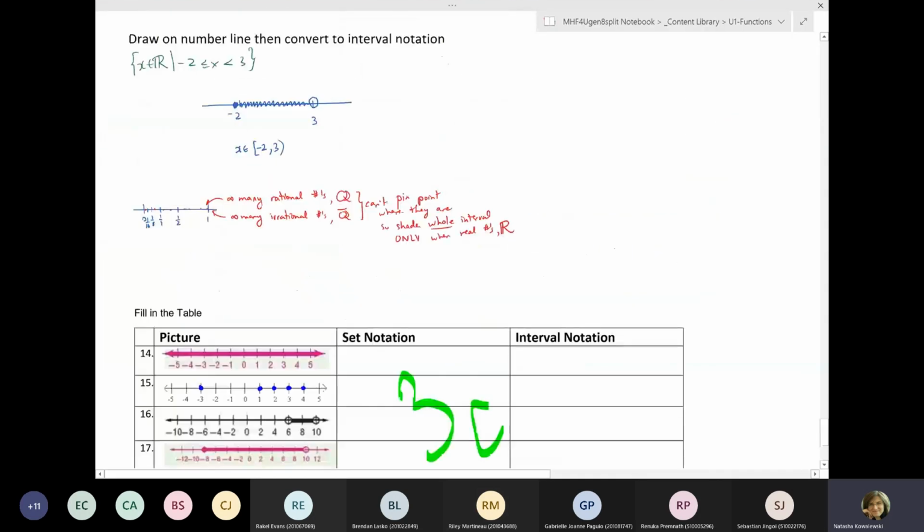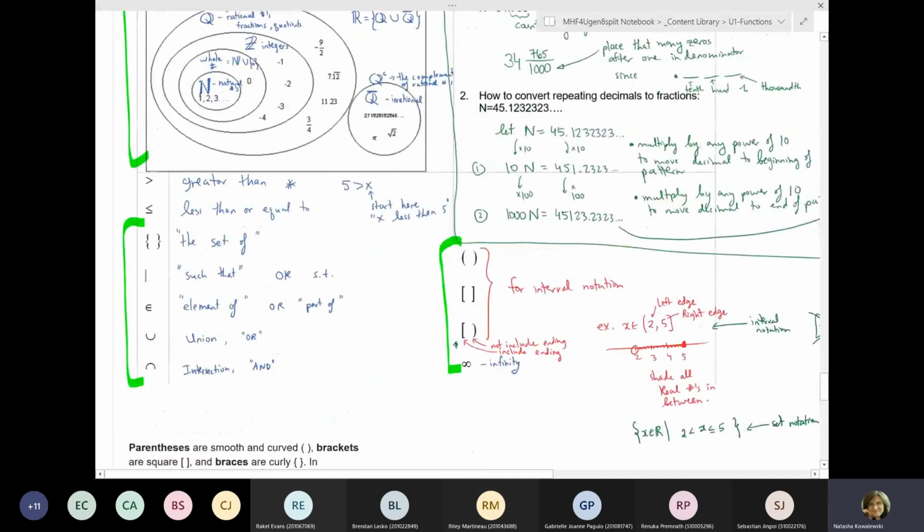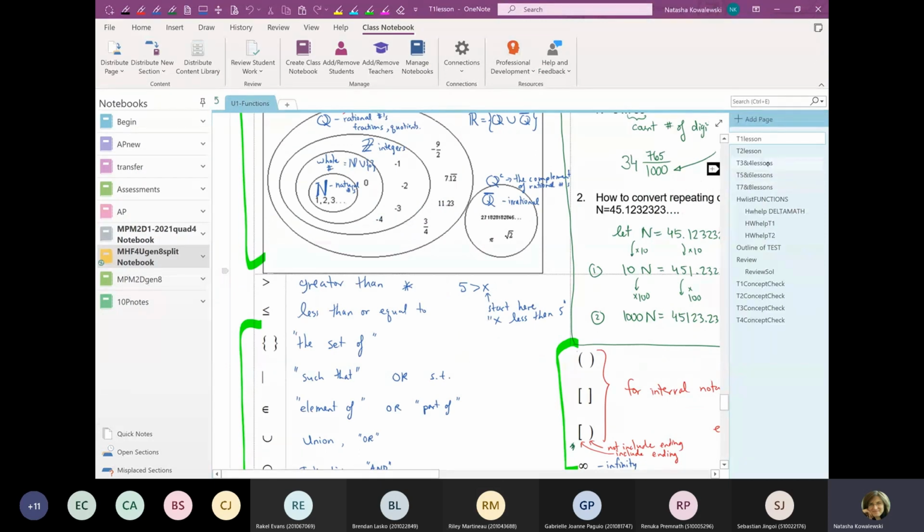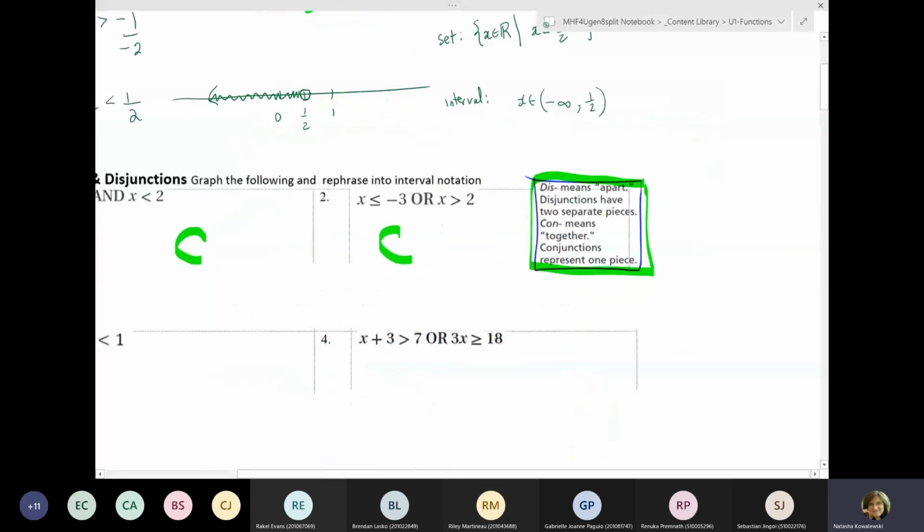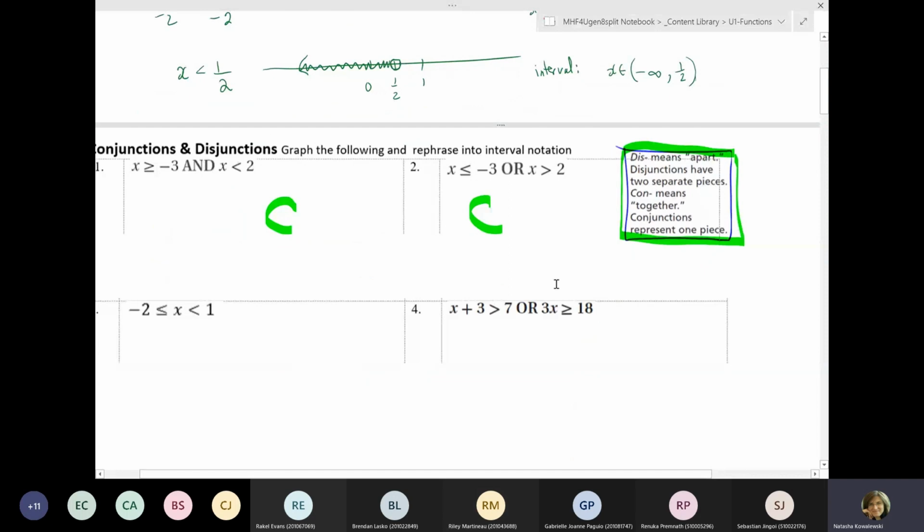I mentioned that the union is the or, and the intersection is an and. I want to tie this into solving linear inequalities right now, because you can have 2 of them at the same time, with the word or or and in between. I'm not going to do these 2 questions. I'll do these 2 over here.